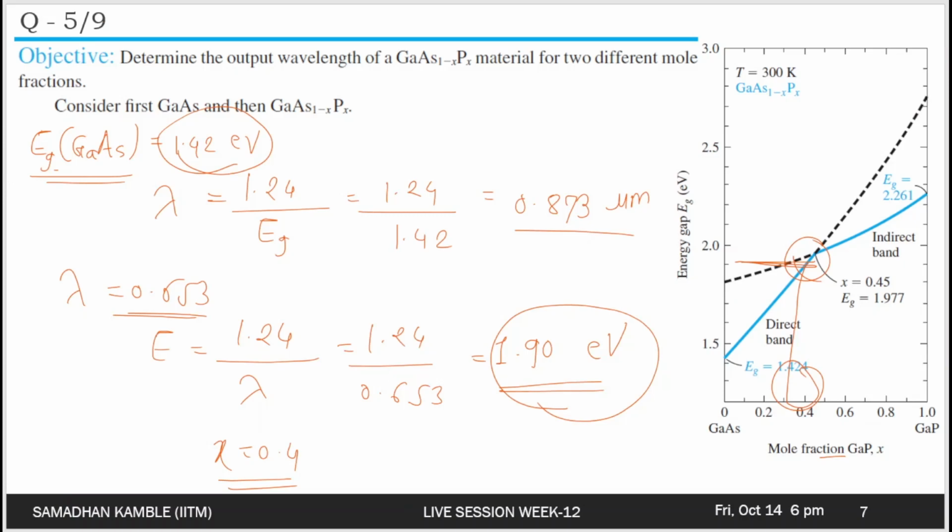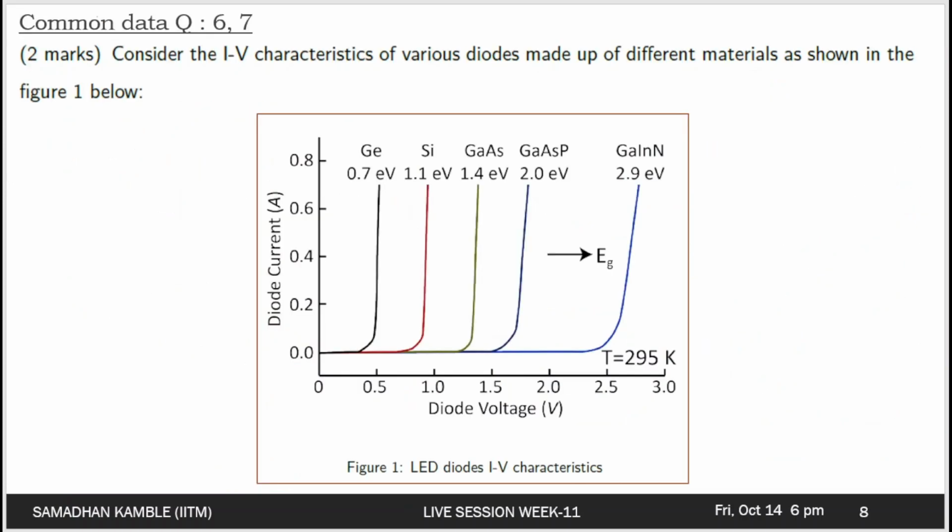Okay, so let us move to question number 6, which is a common data question for questions 6 and 7. Consider the IV characteristics of various diodes made up of different materials as shown in figure 1 below. Different diode current versus diode voltage curves for different materials are shown, and we have to analyze this figure for the next two questions.